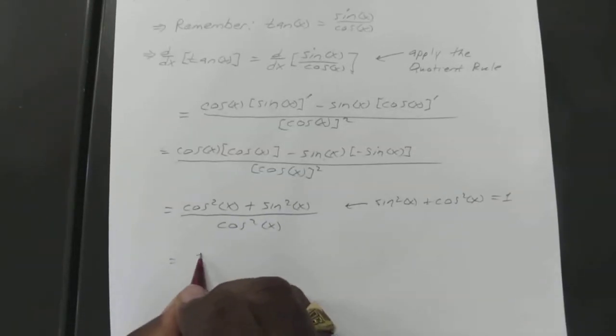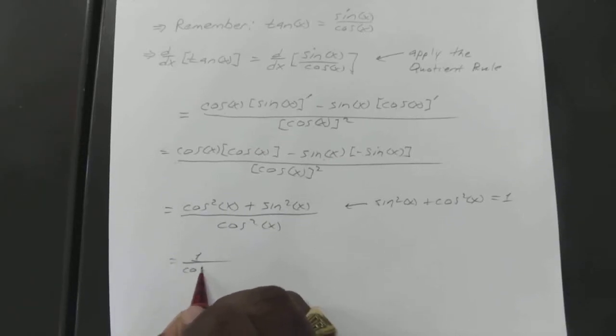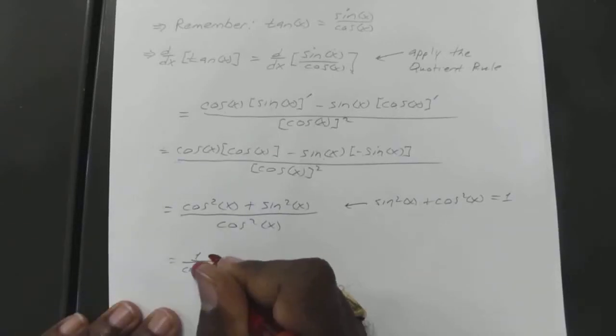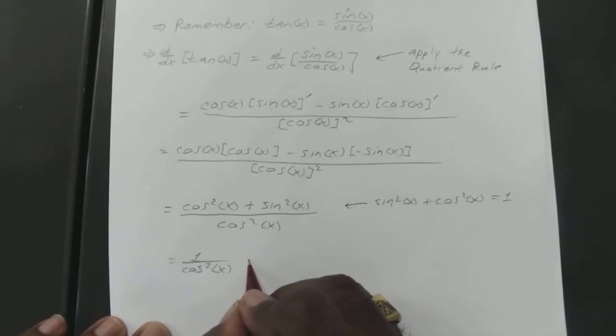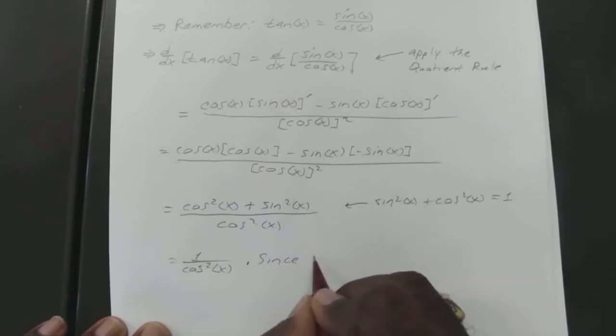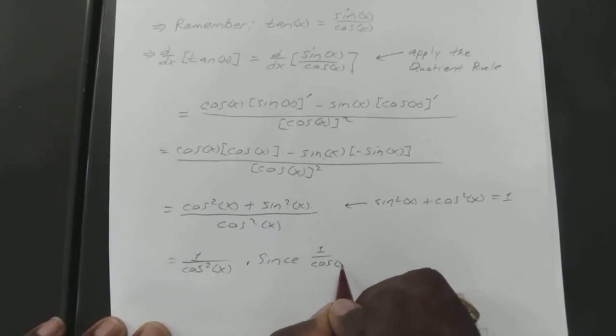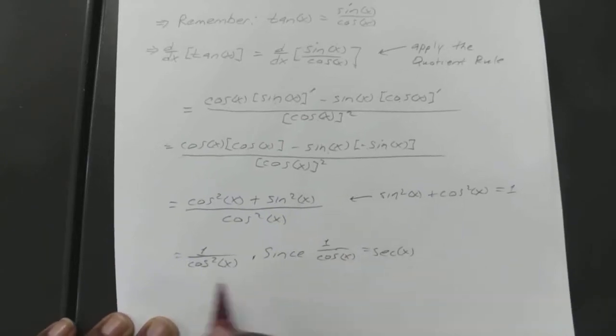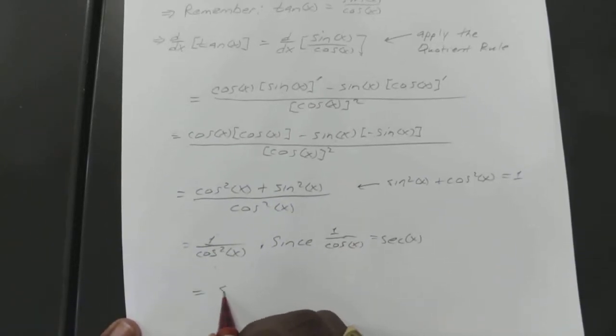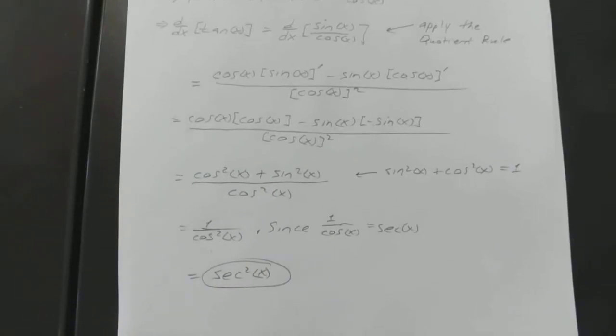So that leaves us with 1 over cosine squared of x. Since 1 over cosine is equal to secant, 1 over cosine squared is equal to secant squared of x. Any questions on that one?